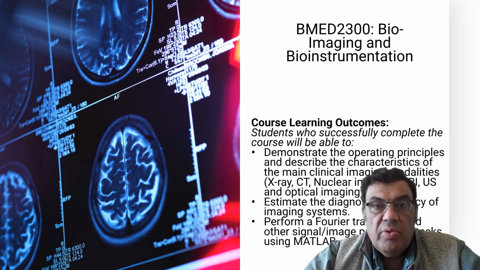This wording is more appropriate than saying students estimate diagnostic accuracy, because the course introduces these ideas at a sophomore level. Students also practice Fourier transforms and other signal and image processing tasks using MATLAB. Together, these outcomes prepare students to understand imaging systems as engineered systems built from physics, instrumentation, computation, and signal processing.